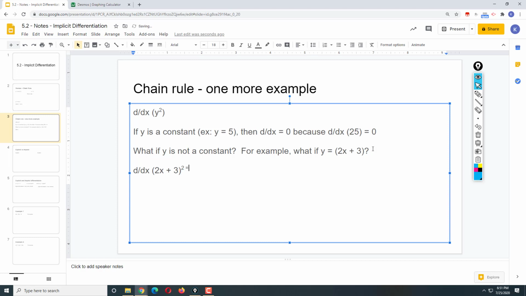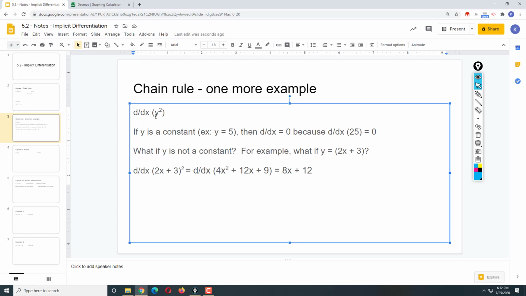That's going to equal d over dx of 4x squared plus 12x plus 9, if we expand out. And that's equal to 8x plus 12. So the derivative is going to depend on whether y is a constant.